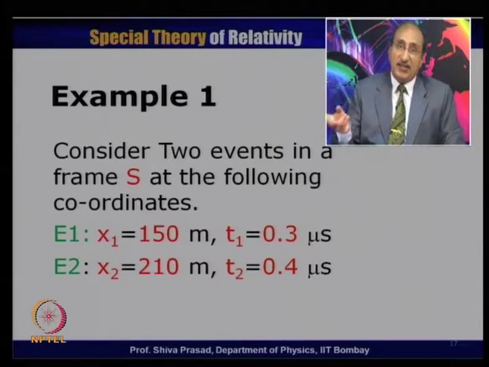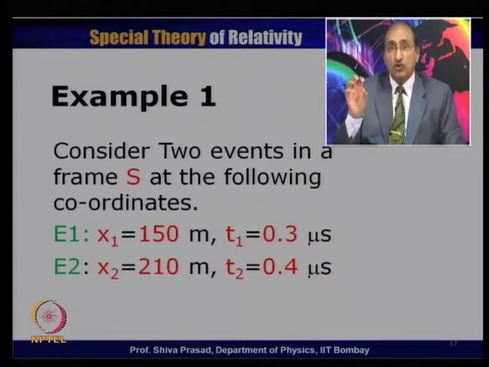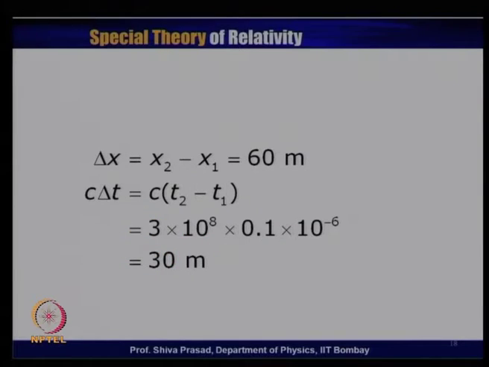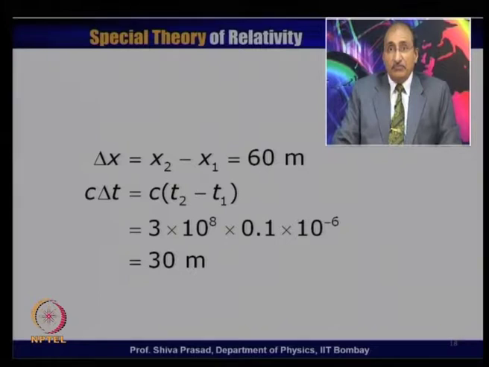Because the y and z coordinates are the same for both events, delta y is 0 and delta z is 0. I will substitute these values in the general definition of proper time interval and eventually obtain it. So let us go ahead. Delta x is x2 minus x1, which is clearly 60 meters.